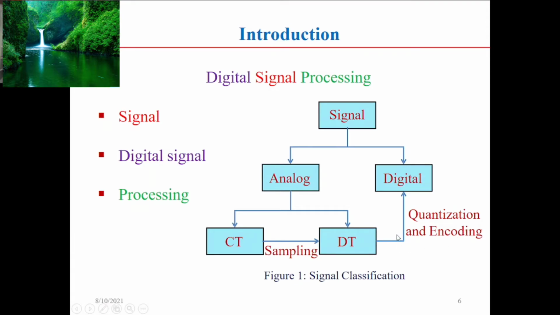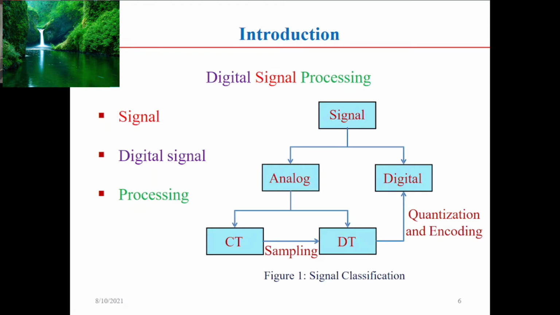But here what I want my students to understand is that a DT signal, that is a discrete time signal, can be converted to a digital signal through the process of quantization and encoding. An analog signal has so many complexities, as it is present continuously, whereas a digital signal can be processed very effectively by a processor.